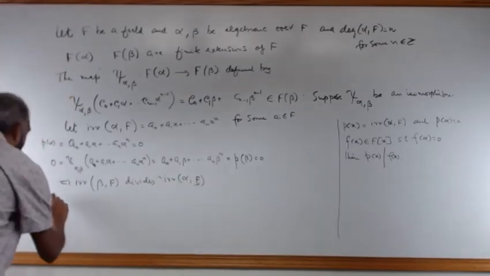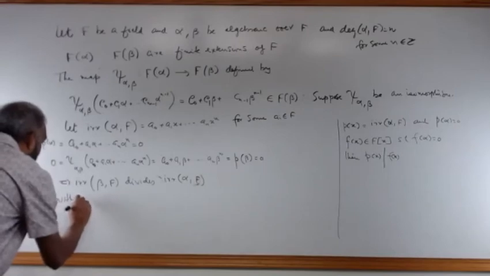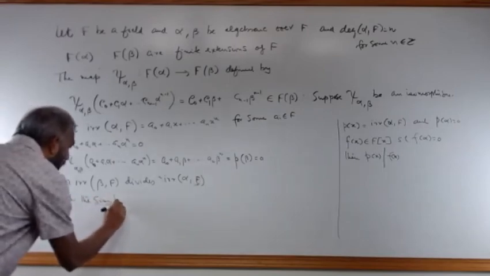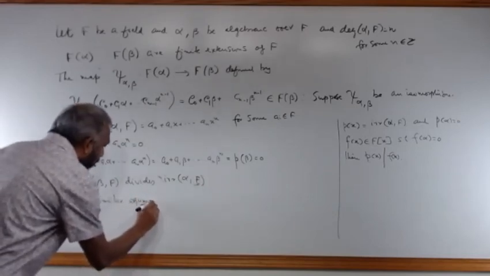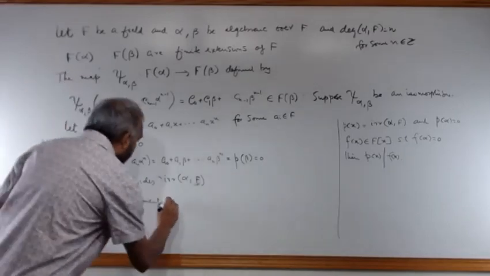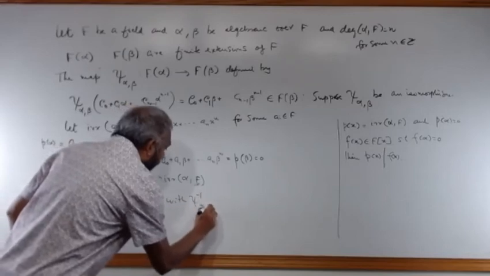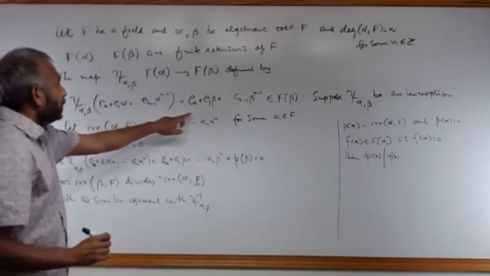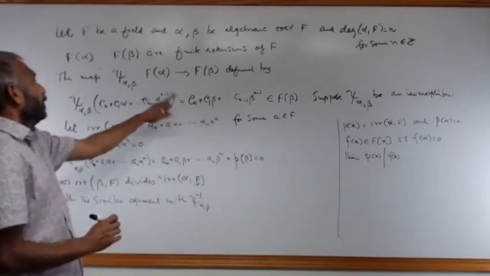With a similar argument, since this is an isomorphism, you can talk about the inverse from alpha to beta. So this is an isomorphism, so there is always an inverse.